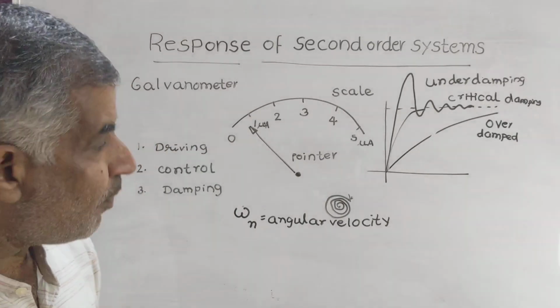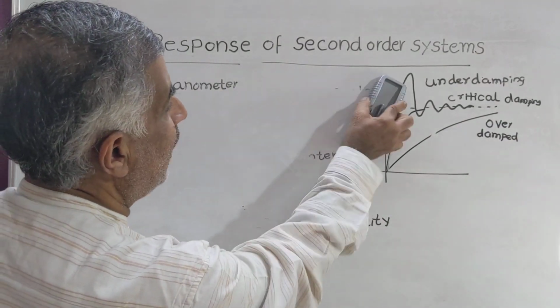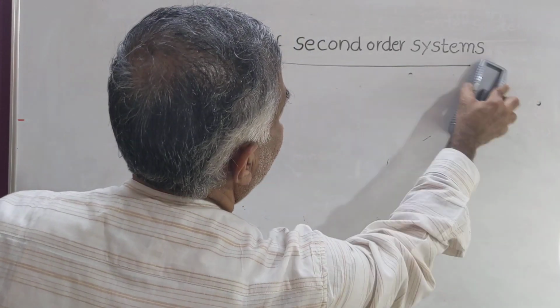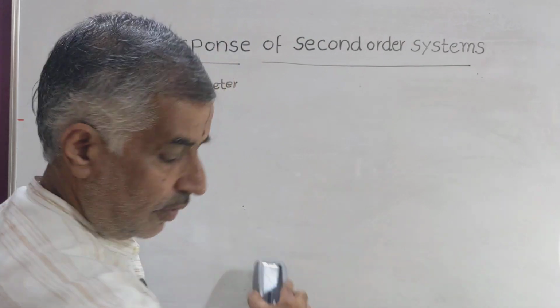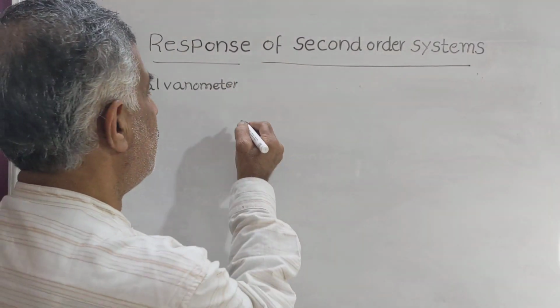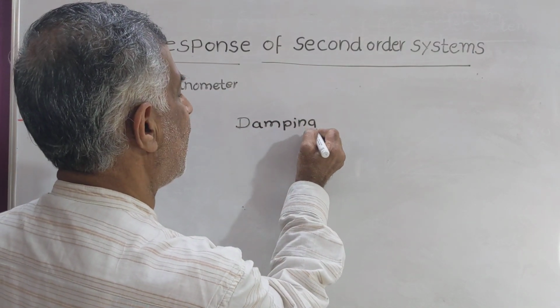Now we come across a constant. I will explain this and then conclude this section. We come across a term called damping ratio.